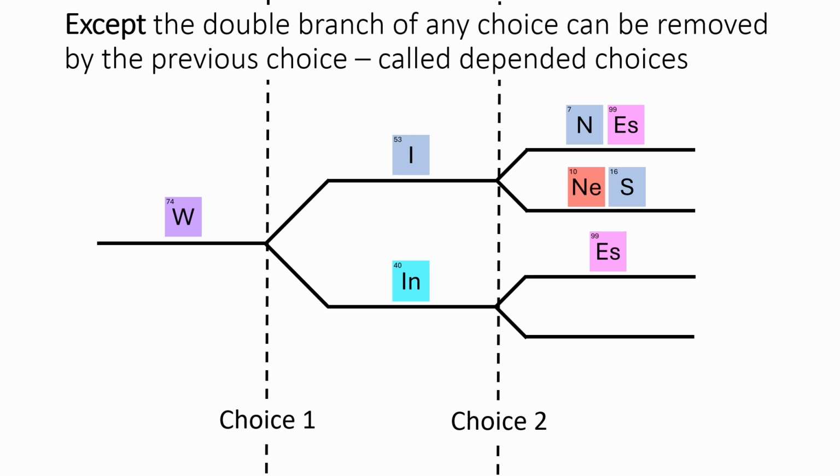The reason the double branch is always removed is because the longer branch of choice 1 will always converge with the single branch of choice 2. So we will have the single branch of choice 2, the double branch of choice 2, and the single branch of choice 2.